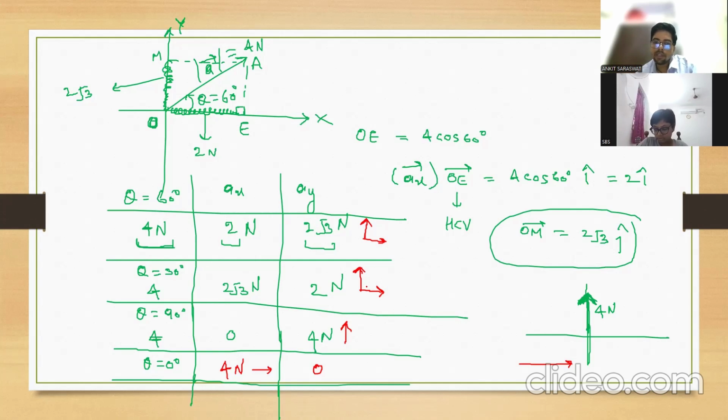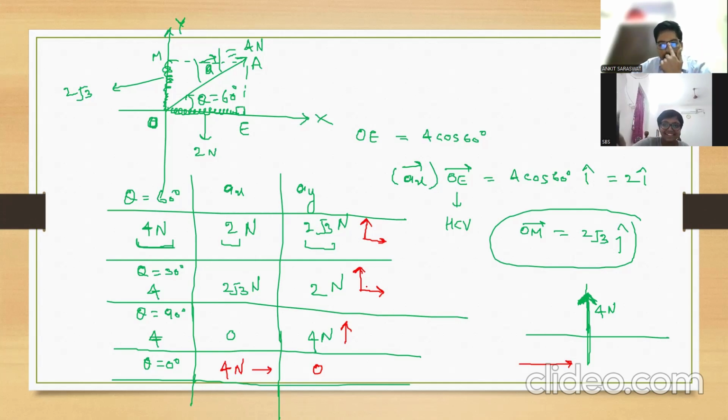Similarly, when theta is 0 degree, the given vector is parallel to the x-axis. The entire length will lie on the x-axis. So the projection on the y-axis is 0, but the projection on the x-axis is not 0. That is 4 Newton. I never explained this in this way to anyone. Believe me, first time using this technique.